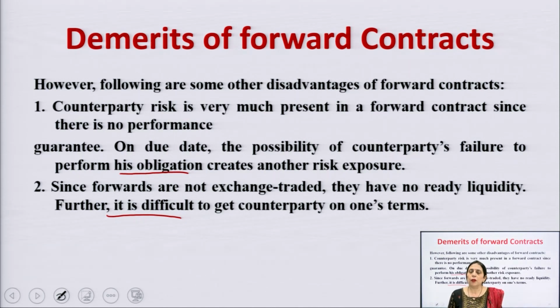We have to find the person who is ready to buy or sell an asset in which he or she is interested. Generally, this kind of contract happens in agriculture commodities. Agriculture commodity means rice, wheat, maize; the farmers and the customers are going to do such forward contracts.